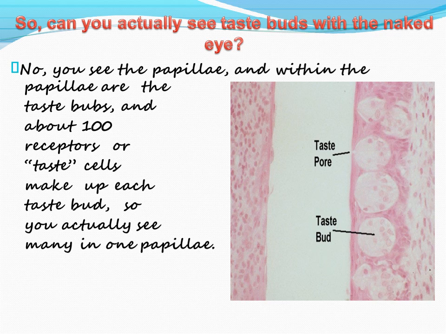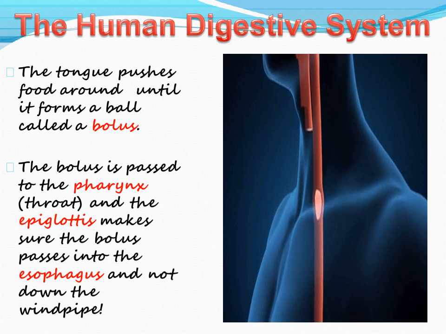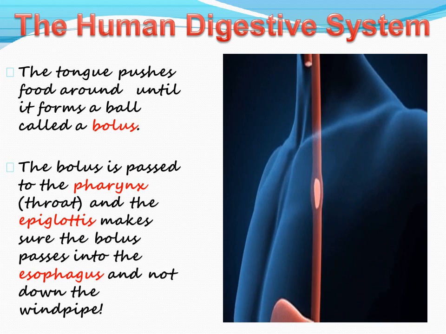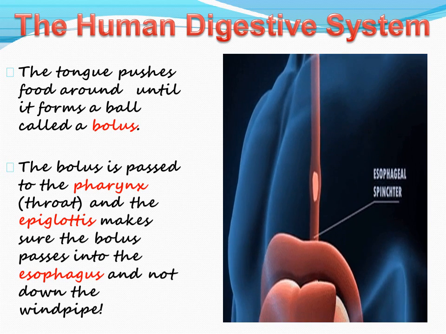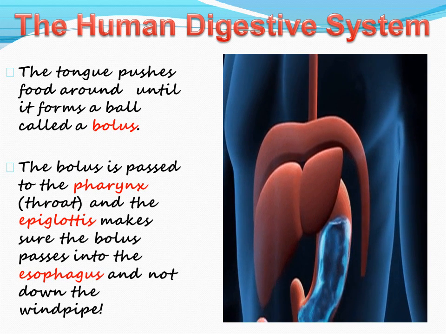We can actually see the papillae, and inside the papillae there are many taste buds and hundreds of receptors, which help us to taste the different kinds of food we eat. The tongue pushes this bolus further down into the esophagus.